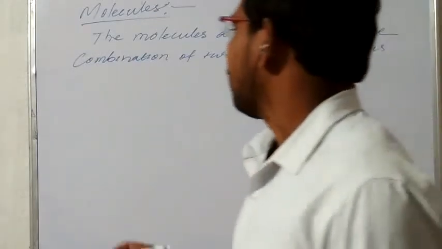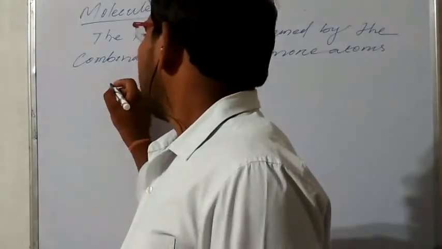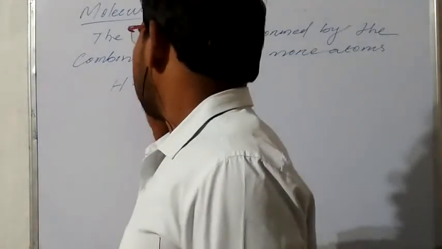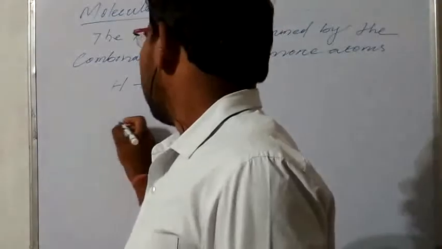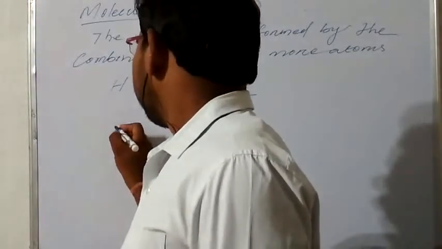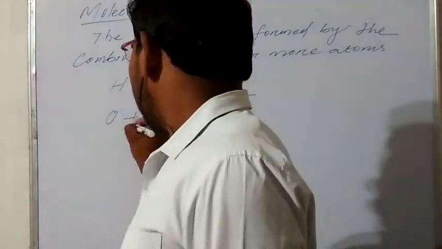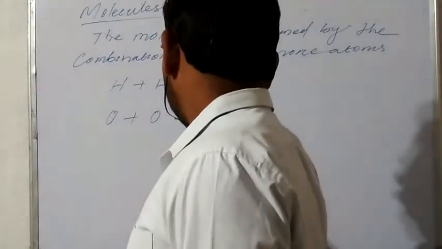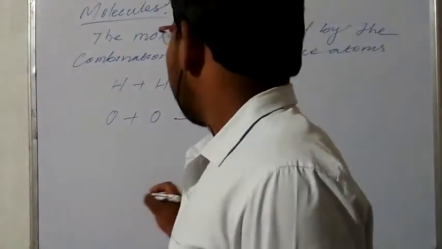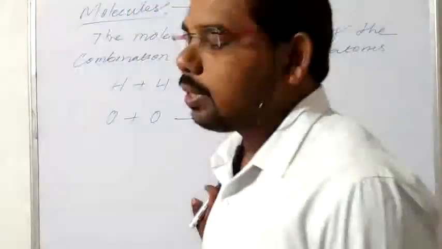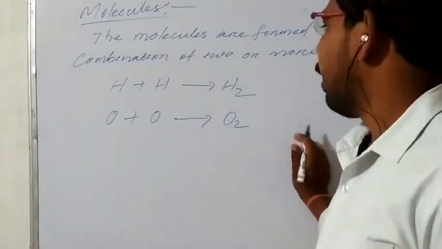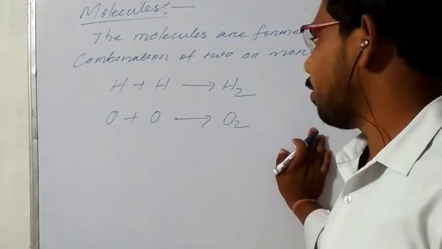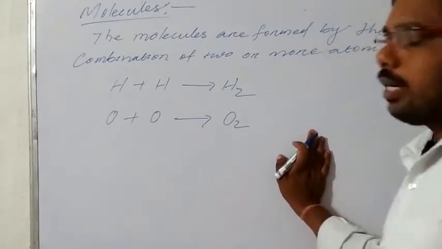For example, H plus H to form H2, okay, and O plus O to form O2, and some molecules are monoatomic, and some are diatomic, and some are tetraatomic.